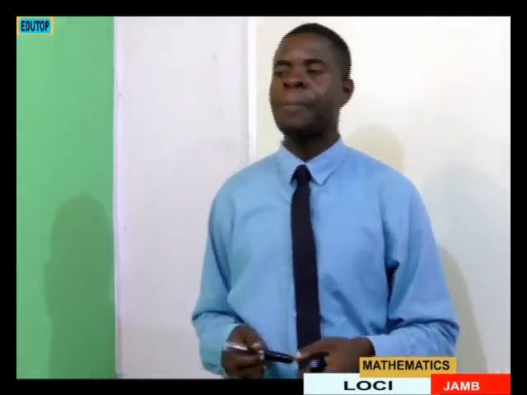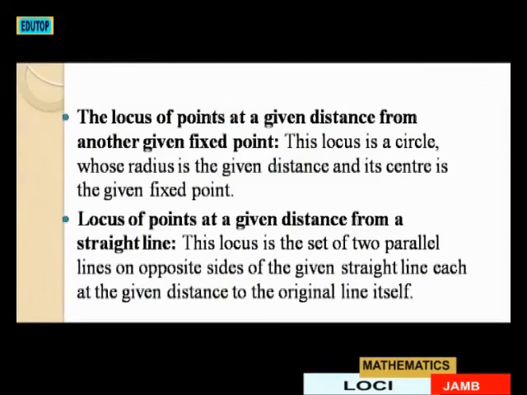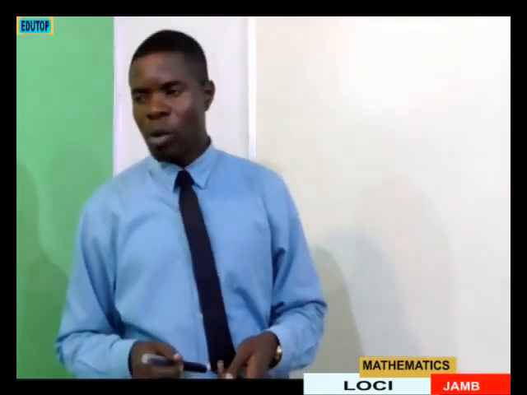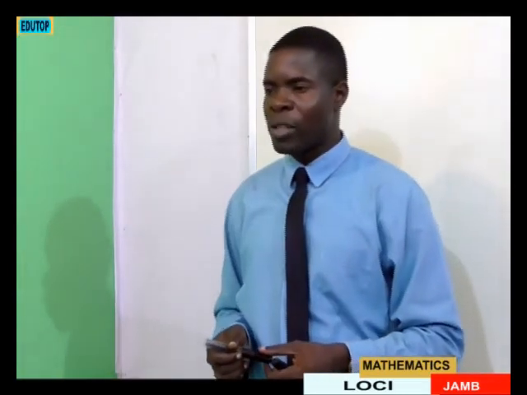The first one is the locus of points at a given distance from a given fixed point. Take note, this locus is a circle whose radius is the given distance and whose center is the given fixed point. Each time you are tested on that, you know what it is all about.